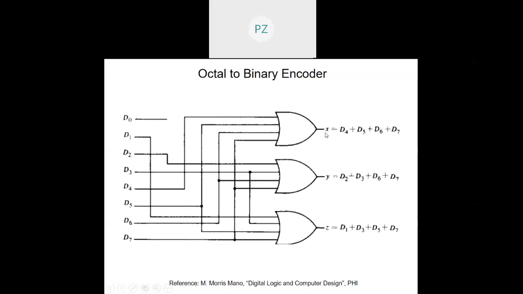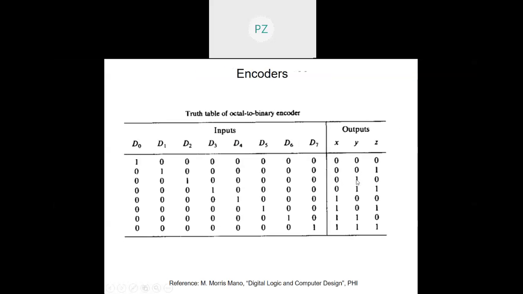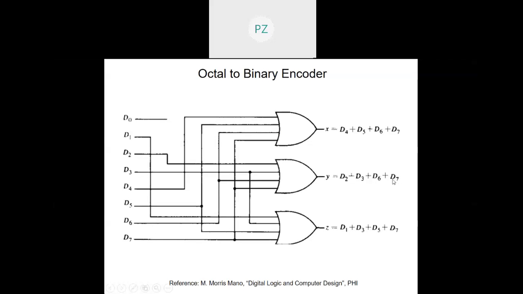See, x is D4 or D5 or D6 or D7. Similarly, y is D2 or D3 or D6 or D7. Let us go back and see. There are ones corresponding to D2 and D3, and then ones corresponding to D6 and D7. That is precisely what we have got.